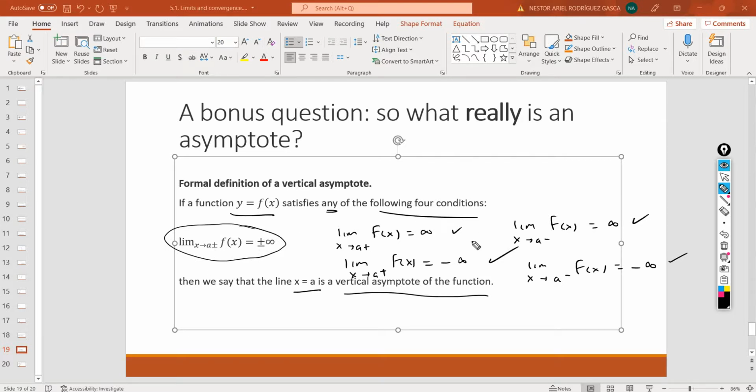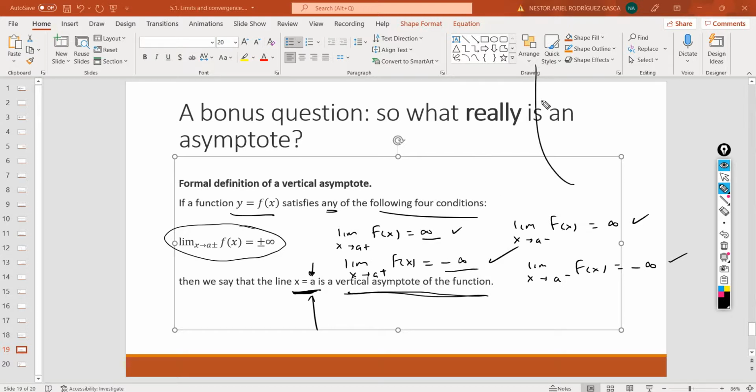And if any of these cases is satisfied, then we say that the line x equals a is a vertical asymptote of the function. What does that mean? It means that for this particular vertical line, for that particular value a of the variable, the function blows up to either infinity or minus infinity.